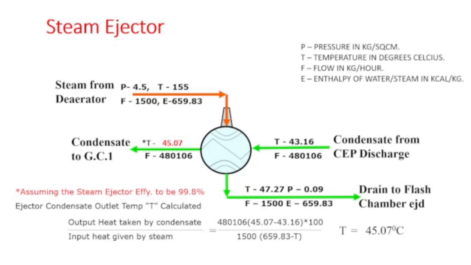The pressure is 0.09 kg per square centimeter absolute, and the flow and the enthalpy are also there. With this you can calculate the outlet condensate temperature, considering that the steam ejector efficiency is around 99.8. Absolutely you can measure the temperature also, but it is calculated here, and that temperature comes out to be around 45.07 degrees centigrade. The calculations are also shown on the screen.